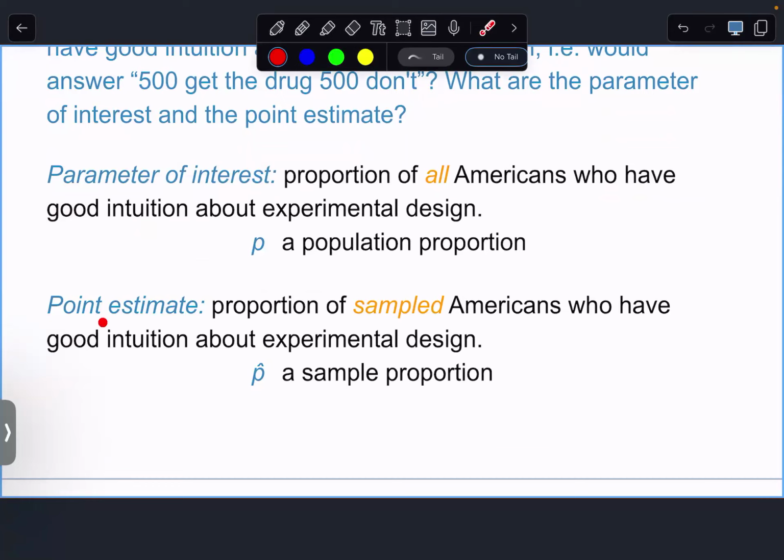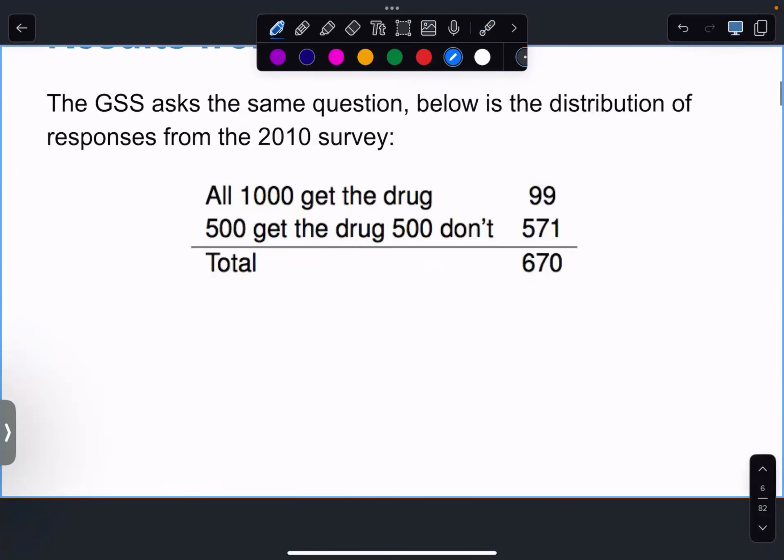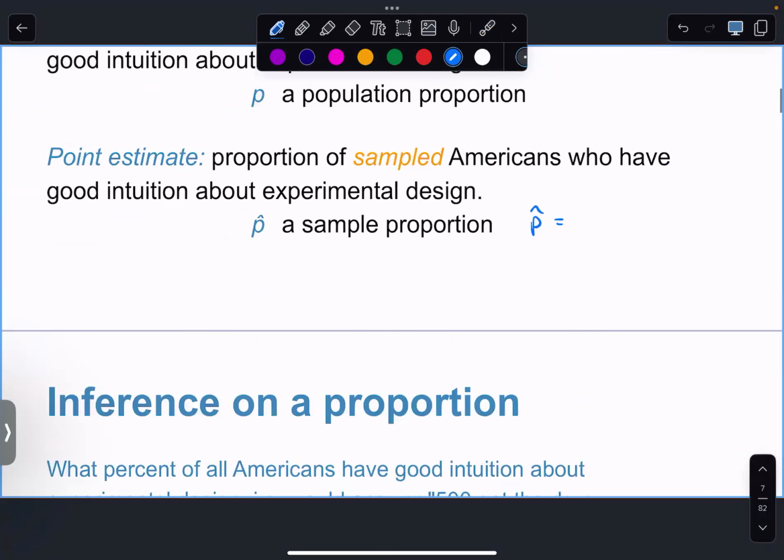My point estimate in this case is going to be my sample proportion. And for us, our sample proportion, p hat, is 571 out of 670. What is that? I have a feeling it's not anything nice.